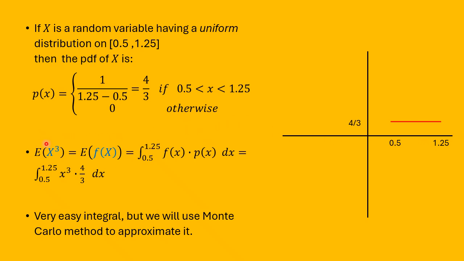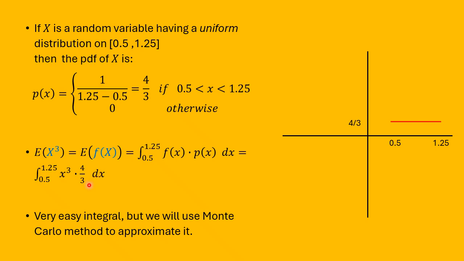So the expected value of x cubed in that case, thinking of x cubed as f of x, is going to be the integral over that interval of f of x times the density function p of x dx. And so that's going to be the integral of x cubed times 4/3 dx.